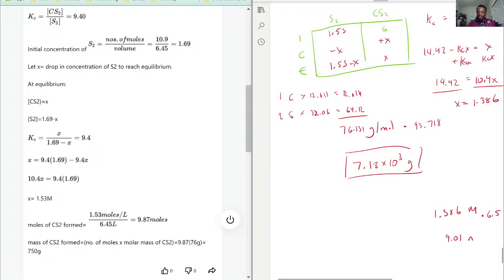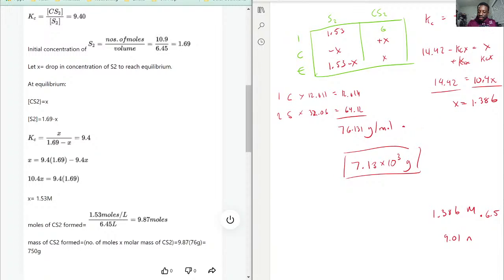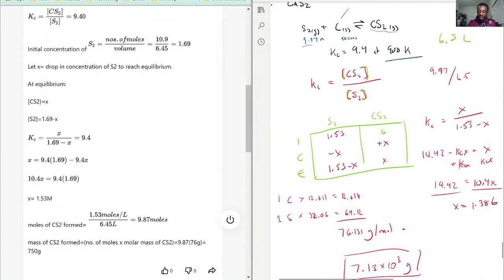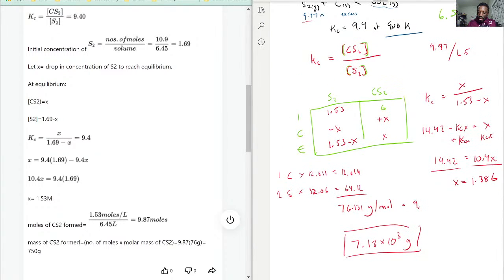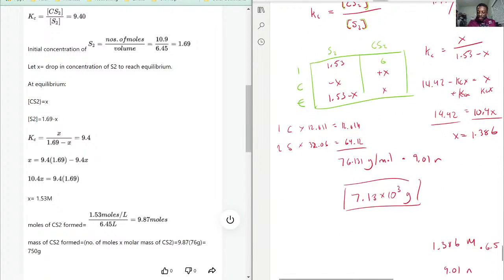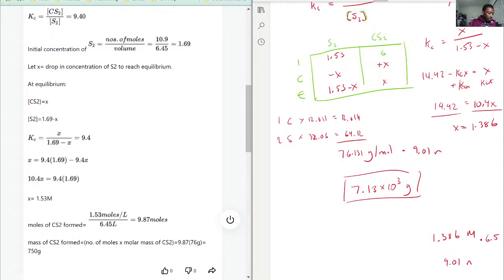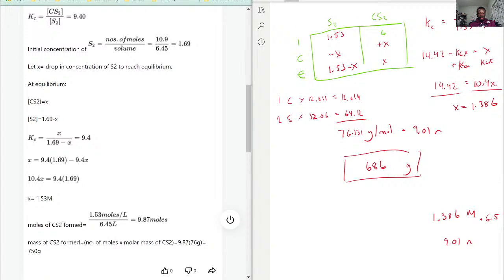And then because we did the conversion here, we have 9.01 times the 76.131, and so that means we now have 686 grams, which is perfect. So that should be our answer.